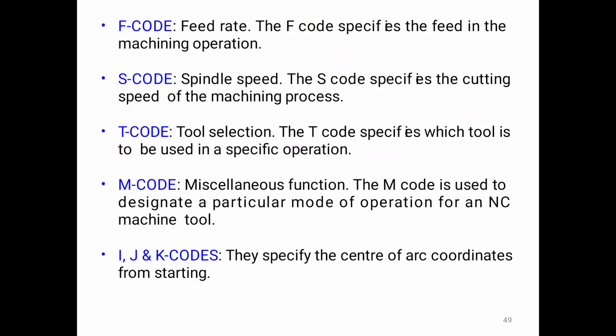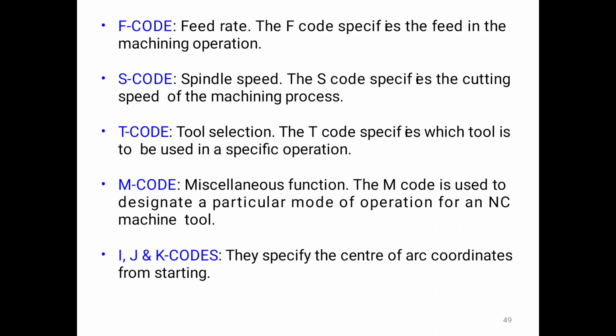F code refers to the feed rate. It specifies the feed in the machining operation. S represents the spindle speed; the S code specifies the cutting speed of the machining process. T code is tool selection; it specifies which tool is to be used in the specific operation.